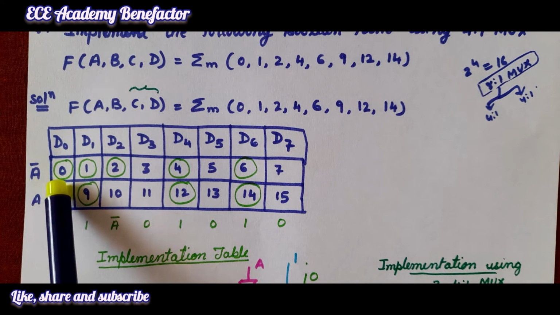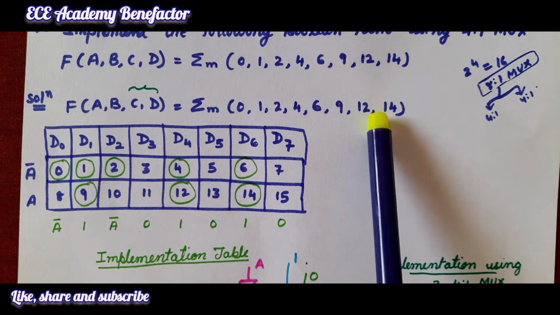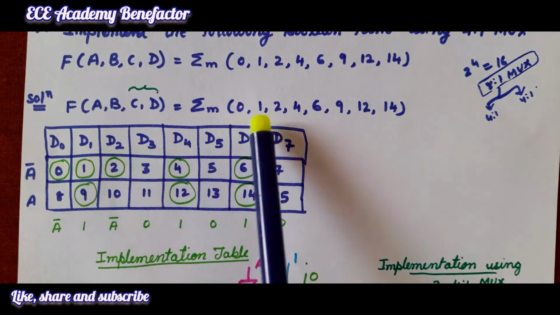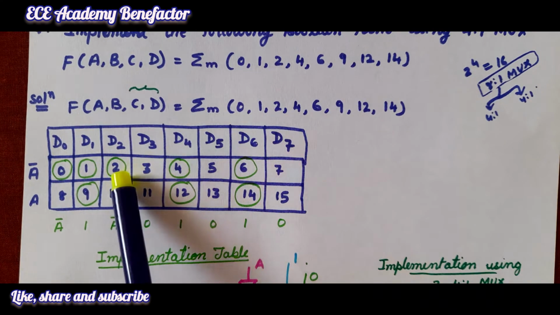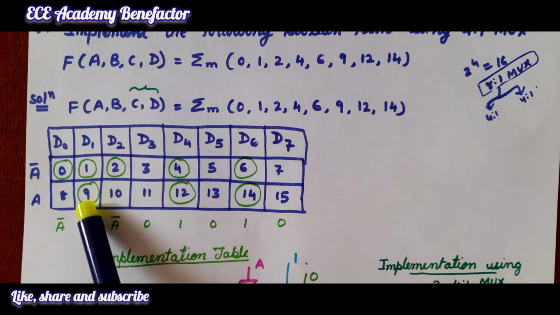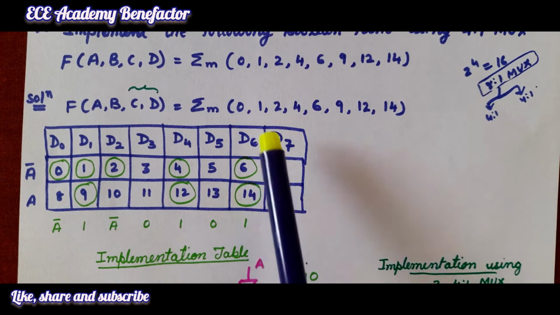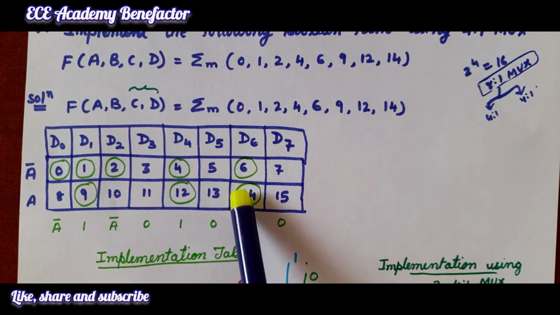Now, circle the numbers which are there in this list of minterms: 0, 1, 2, 4, 6, 9, 12 and 14. The list of minterms are circled in the implementation table.